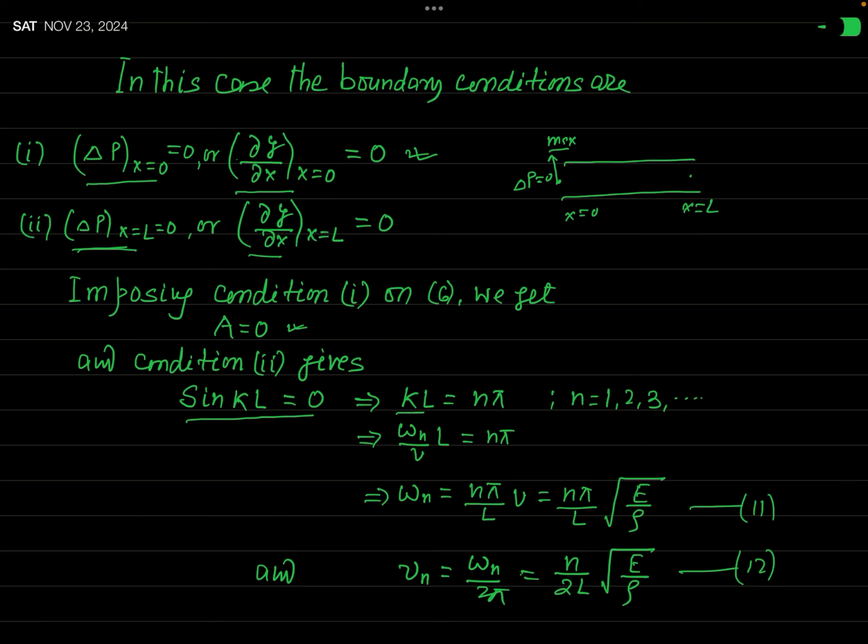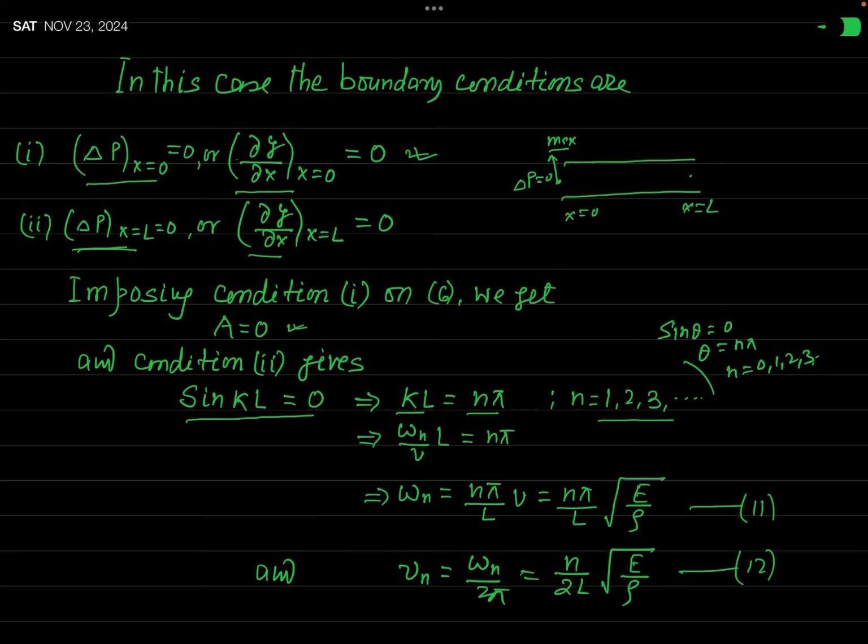If sin theta is 0, the general value of theta will be n pi, and therefore KL will be equal to n pi. Here again we will take n equal to 1, 2, 3 and so on. One can think that if sin theta is 0, then theta is n pi, and mathematically n may be 0, 1, 2, 3 and so on.